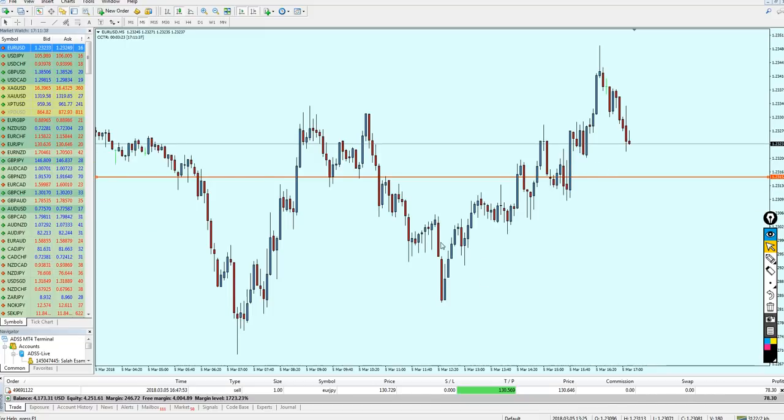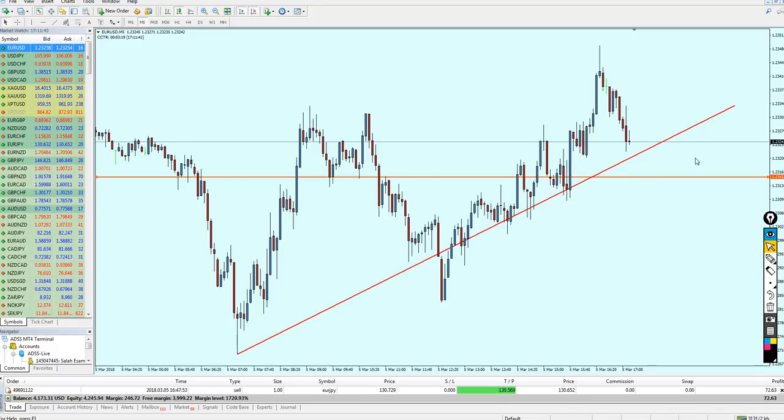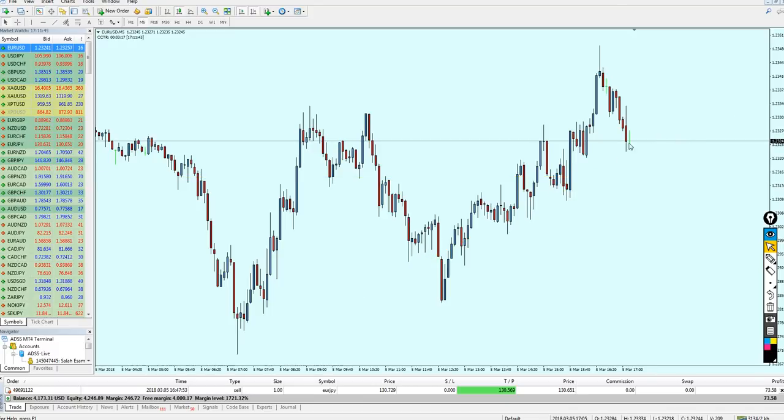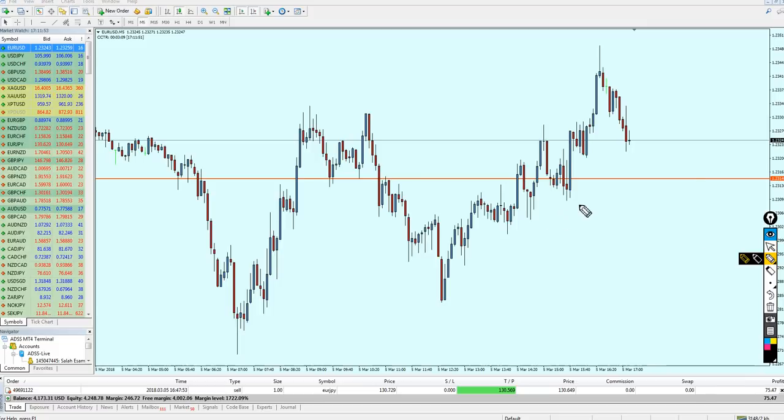After seeing this trend going up, I think there is nothing wrong with placing a buy order at this support line here. And again, I'm very sure of this because I see the long breakout candle.